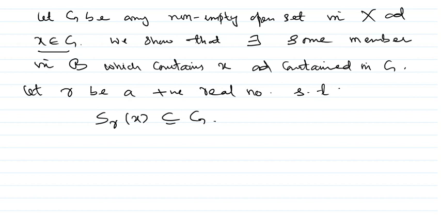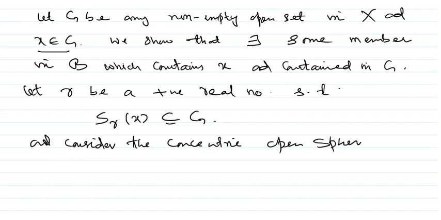Now we consider the concentric open sphere with the same center but radius one third of this r, that is r by 3. Consider the concentric open sphere S r by 3 of x.